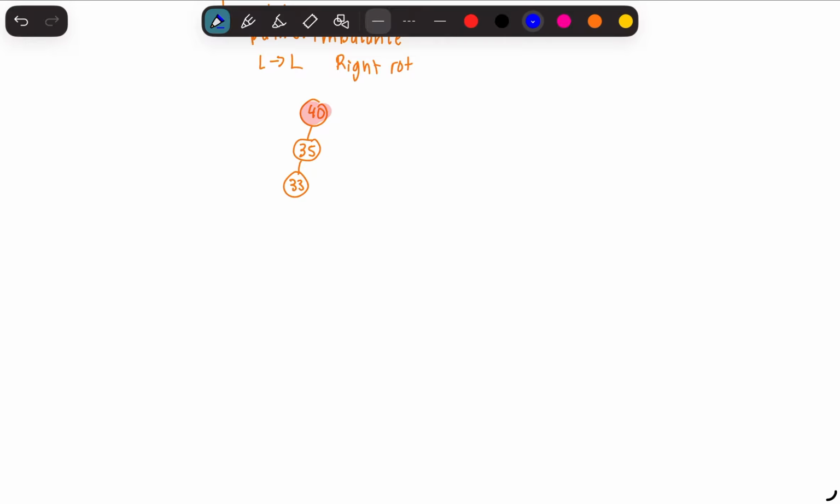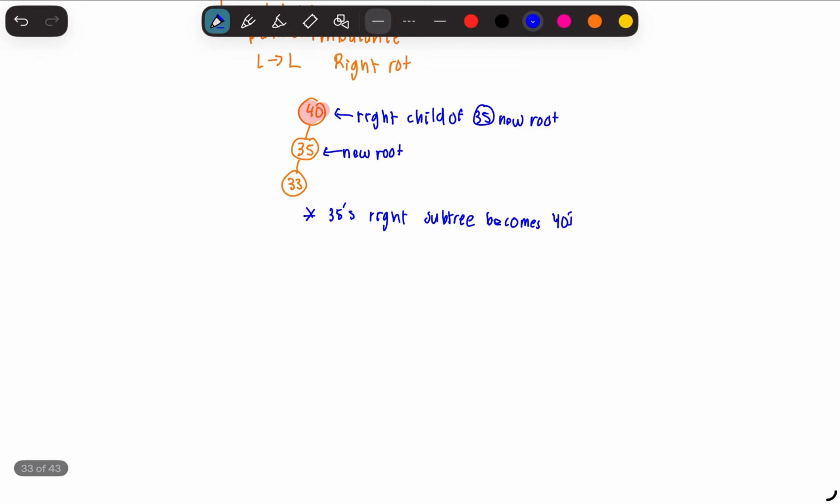What is going to happen is 35 becomes the new root. 40 becomes the right child of 35, which is the new root. So what's the result of this going to look like?